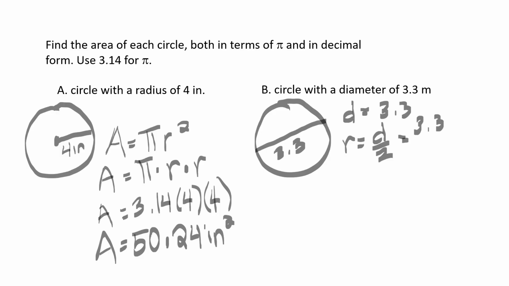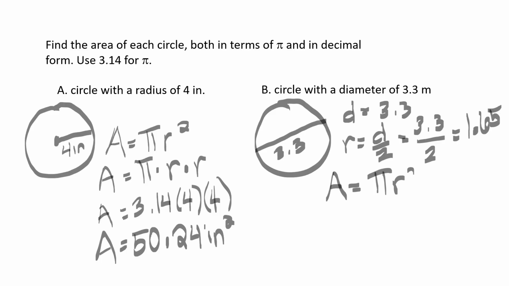So if we have a diameter of 3.3, we would want to divide that by 2, and that would give us a radius of 1.65. So it's really important that if you're given the diameter, you have to first turn that into the radius. Then we're going to plug it into our formula.